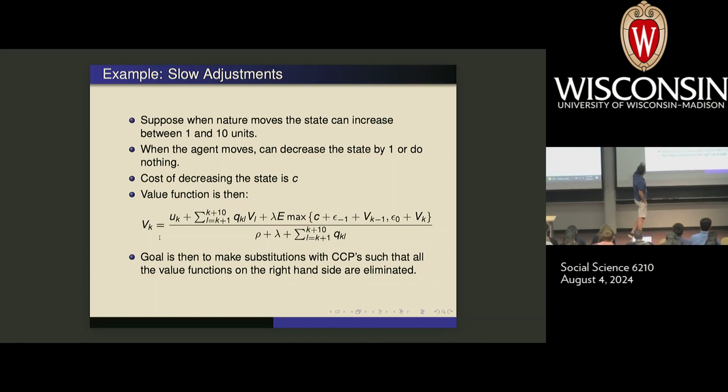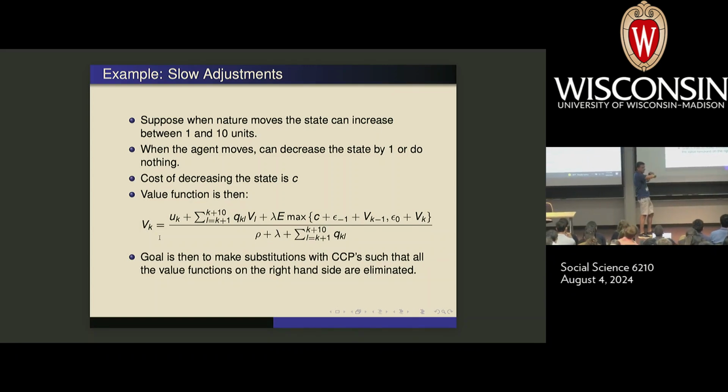The idea is that suppose nature moves, and they can increase the state from 1 to 10 units, okay? But when the agent moves, you can only decrease the state by 1 or do nothing. So clearly, if nature goes up by 10, I can't get to 10 right away, right? But the way the problem is set up, you don't have to worry about that, because I can write the linking functions to connect a state 10 ahead to my current state.